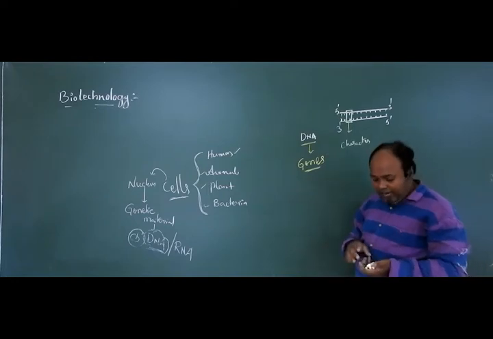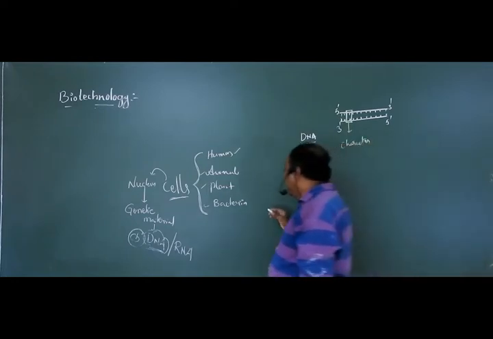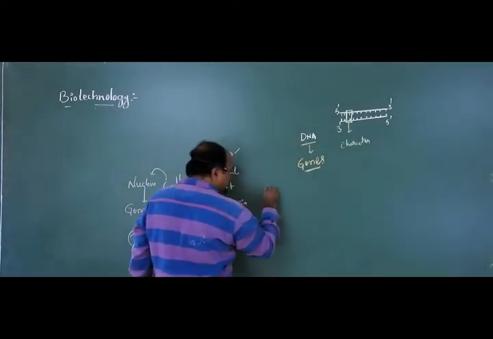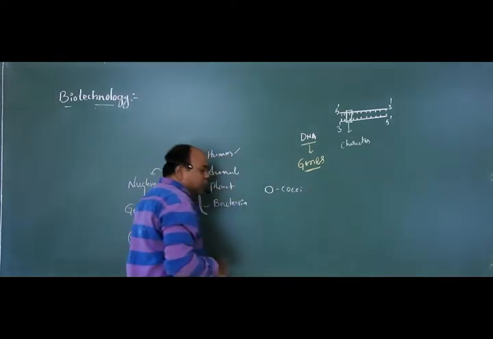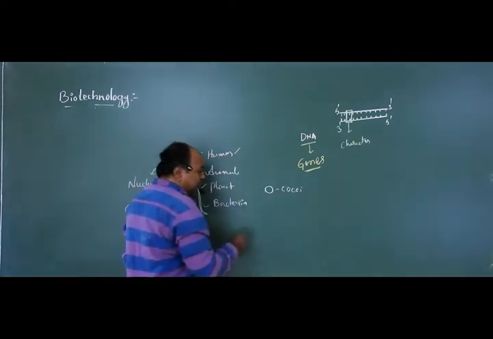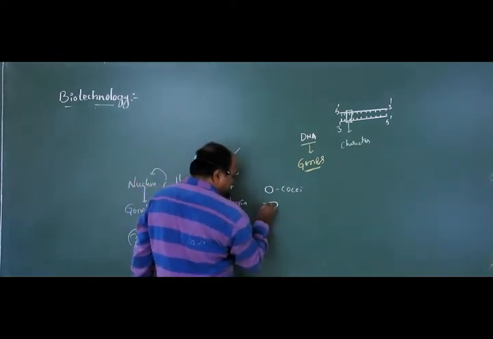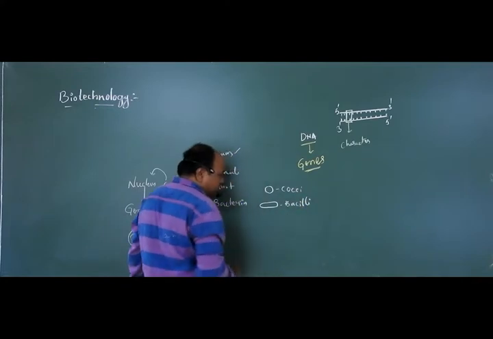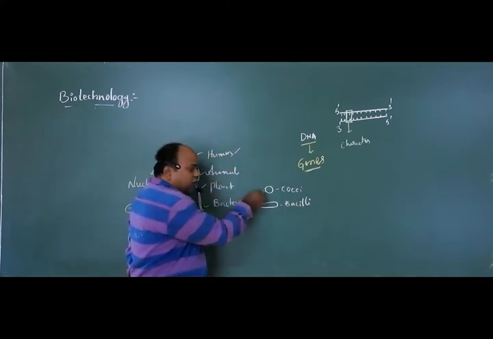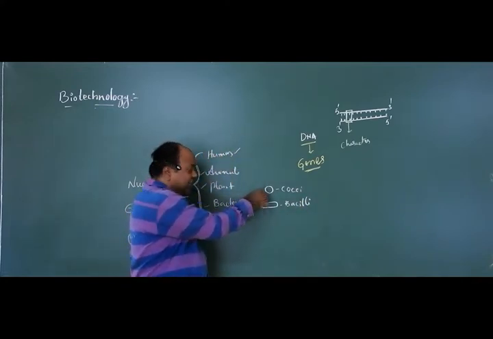If you come to bacteria, some bacteria are round shaped, which we call cocci. Some bacteria are rod shaped, and we call them bacilli. And some bacteria can tolerate certain antibiotics, while others cannot.